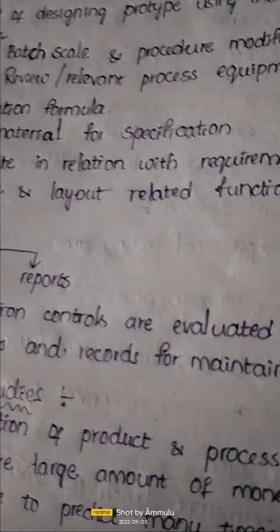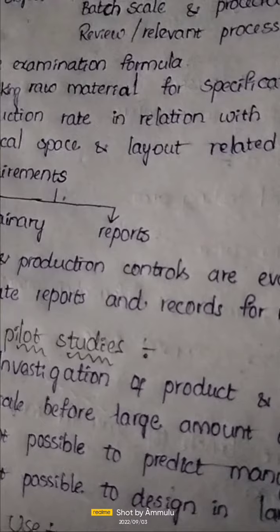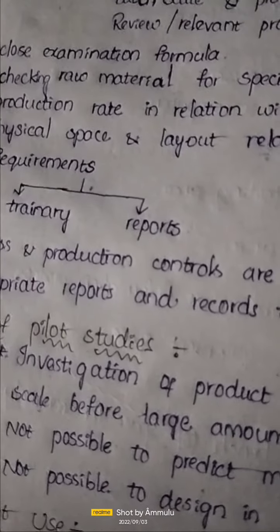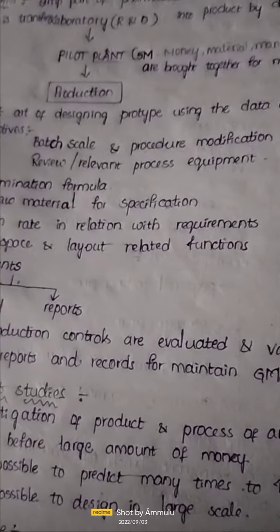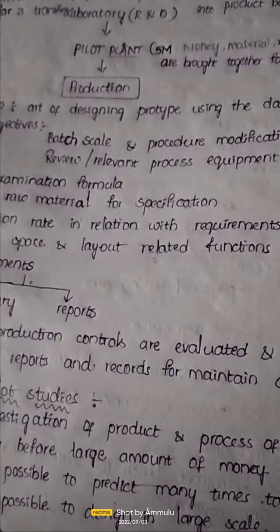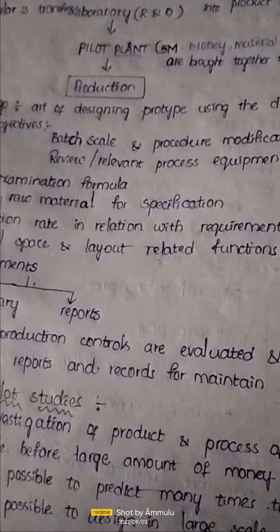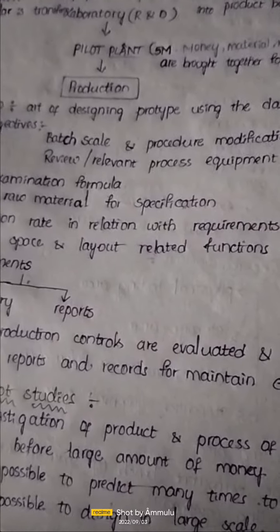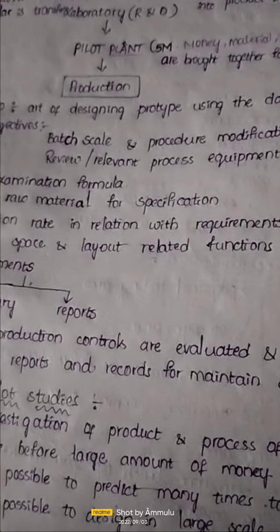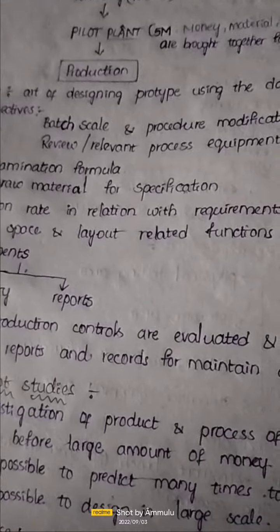Okay, and then we will move to the pilot plant studies. Why do we carry out pilot plant studies for a drug or a chemical? Here we investigate the product and investigate the process of production.